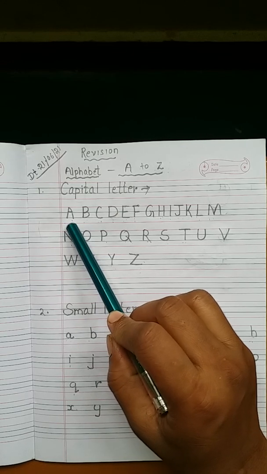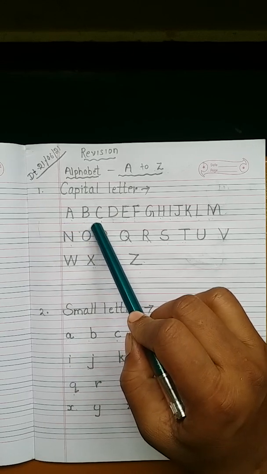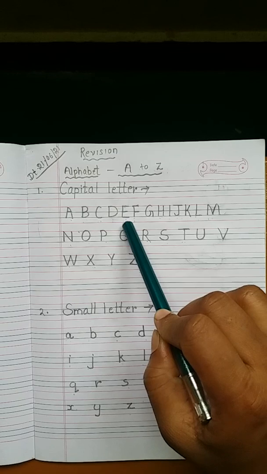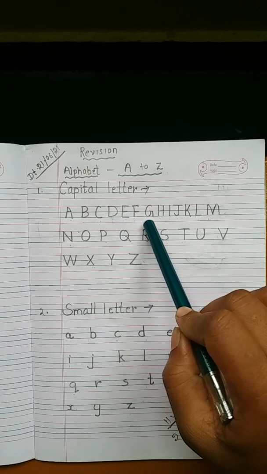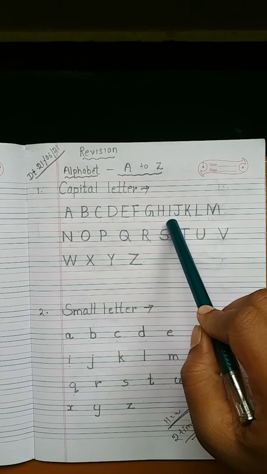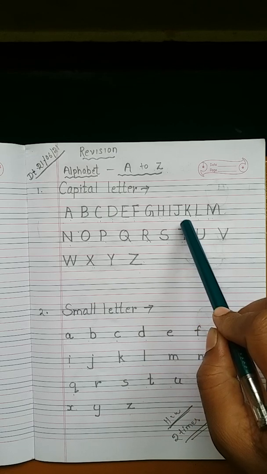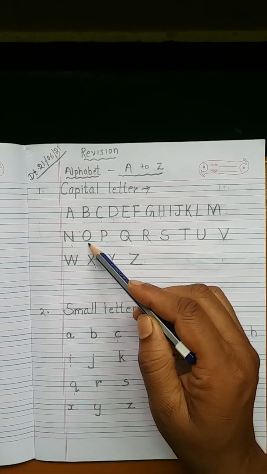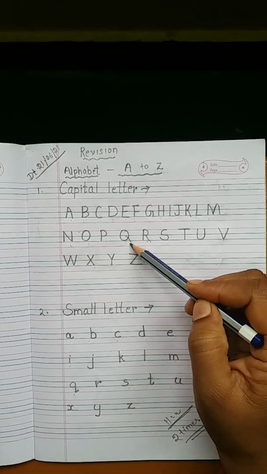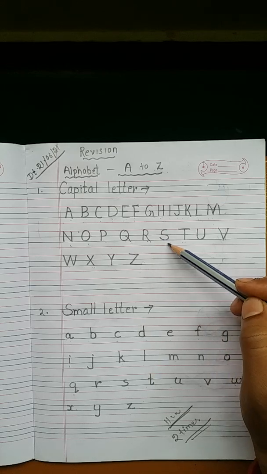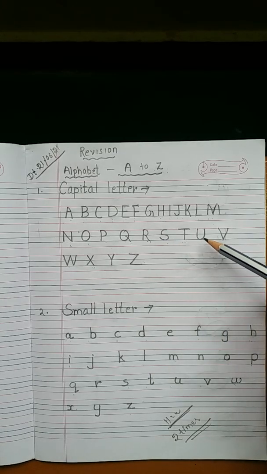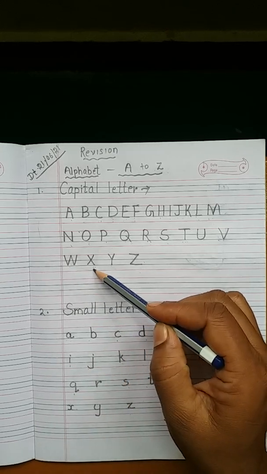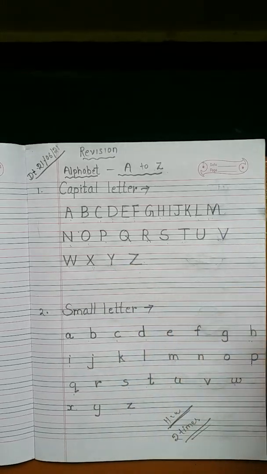Say A, B, C, D, E, F, G, H, I, J, K, L, M, N, O, P, Q, R, S, T, U, V, W, X, Y, Z. These are capital letters.